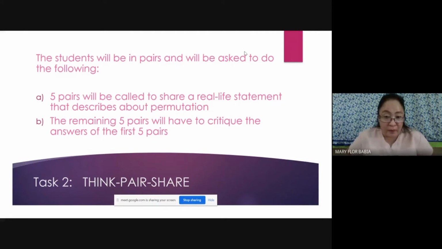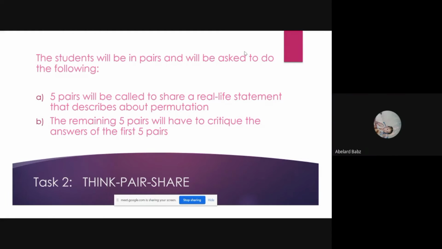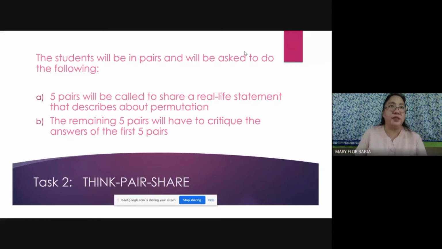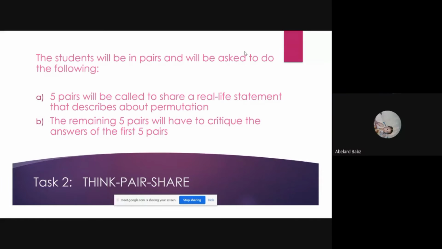Abelard, are you here? Yes, ma'am. Okay, can you give an example? The order of the family members when they are taking a pictorial, ma'am, like a family picture.